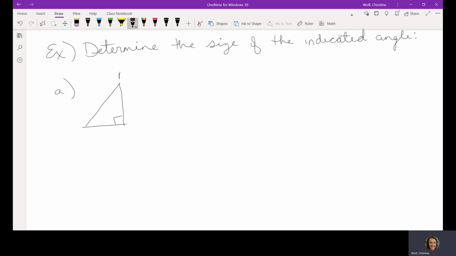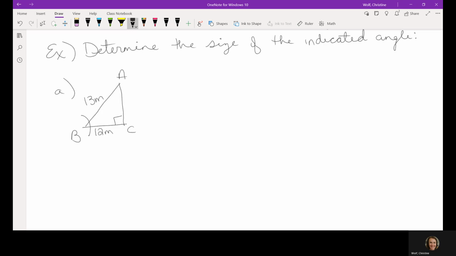It's called triangle ABC. We know that this side is 12 meters and that this side is 13 meters. And I'm indicating that I want angle B by putting that line through it. I want to find the size of that angle in degrees.